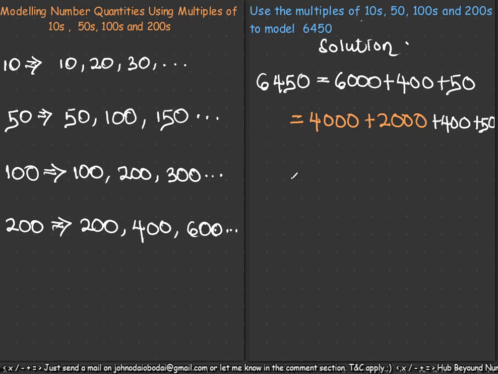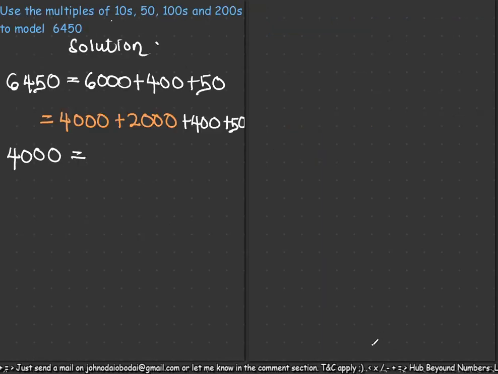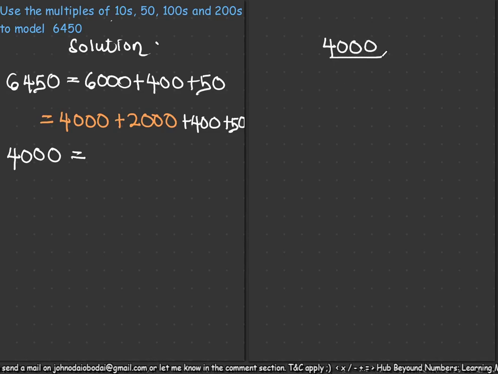So what we want to do now is to write 4,000 as a number times 200. If you don't know your 200 timetable to the 4,000, then a very simple way you can do is just dividing your 4,000 by your 200.